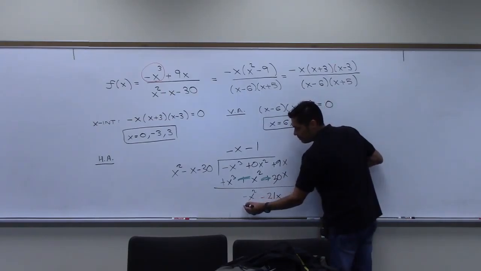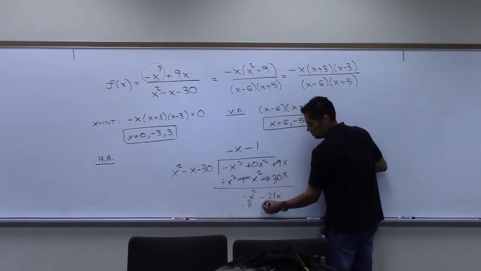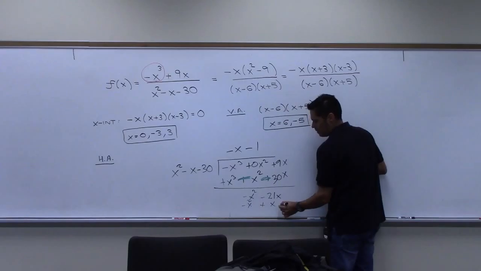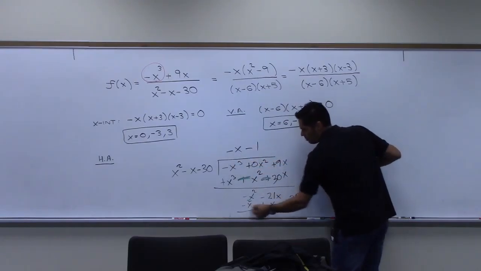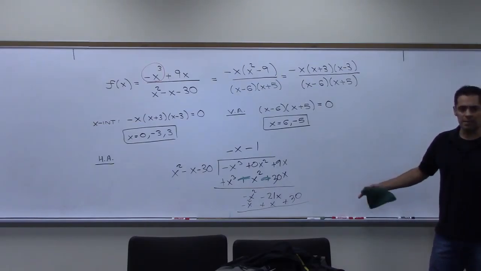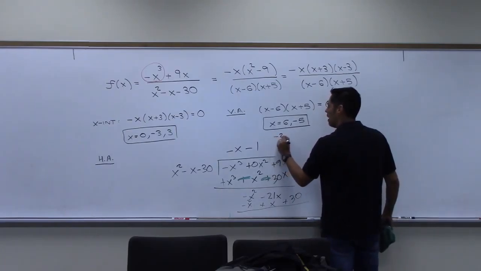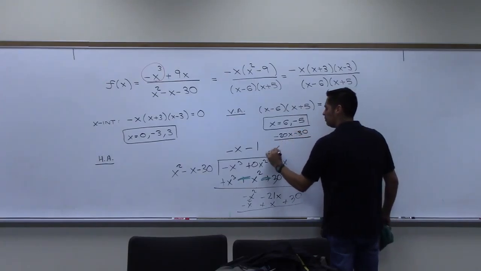The x is basically negative x squared, positive x, positive x, so it'll be 20x, and then positive 30. Then I come through and I add down. When I add down, I get negative 20x and negative 30. And that's where I have to stop. So I'm going to have negative 20x minus 30 over my divisor.